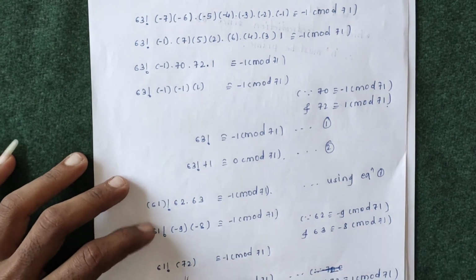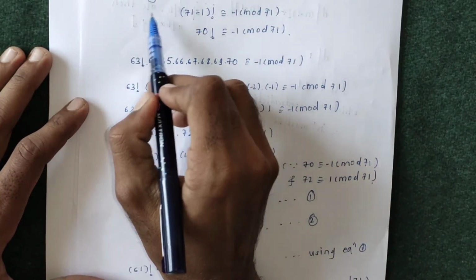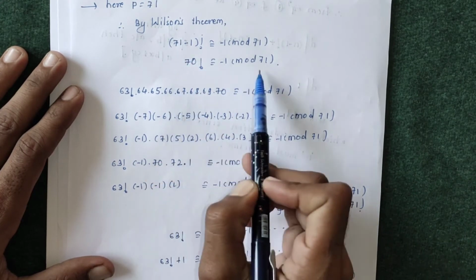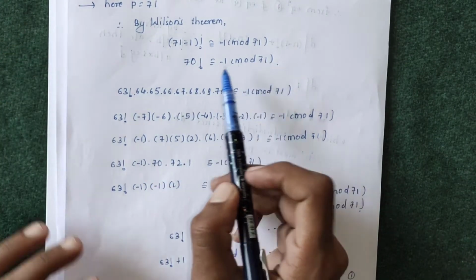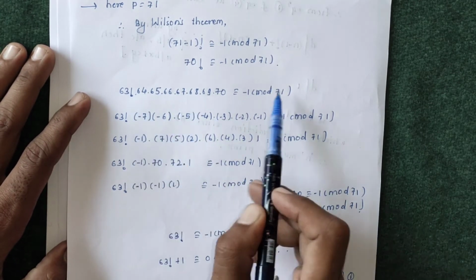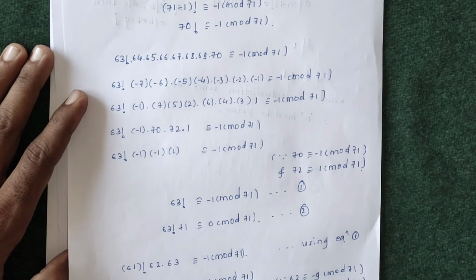Similarly you can solve the example. We have just used Wilson's theorem, and for p equals 71 we can write 70 factorial is congruent to minus 1 modulo 71, and rearranging 70 factorial in this manner and taking these numbers under modulo 71 we get this, and multiplying these numbers we get our solution.